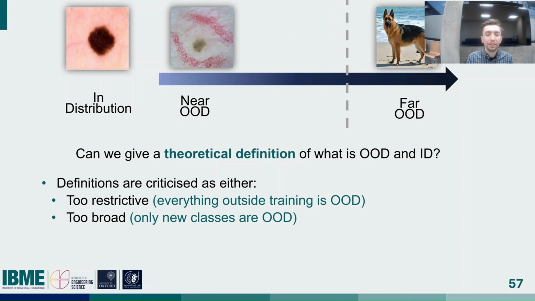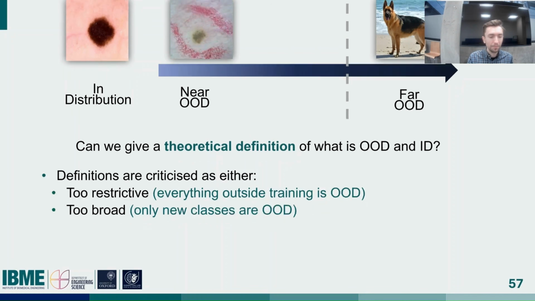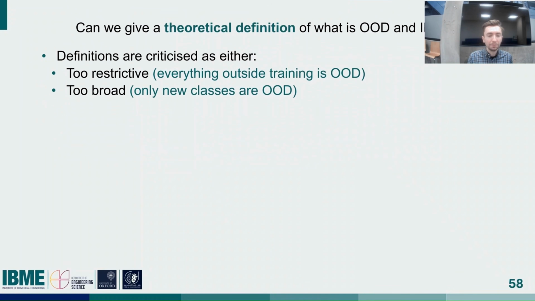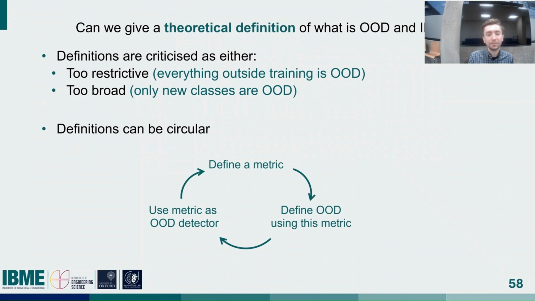For both of these cases, you're either saying we're going to throw away too much, so we're going to discard too many reliable predictions if it's too restrictive, or if it's too broad, you're going to let in a lot of unreliable inputs. Another criticism is that these definitions can be circular. So for example, if you define a metric, and then you define OOD using this metric, and then you use this metric as an OOD detector, it's what we call a circular definition.